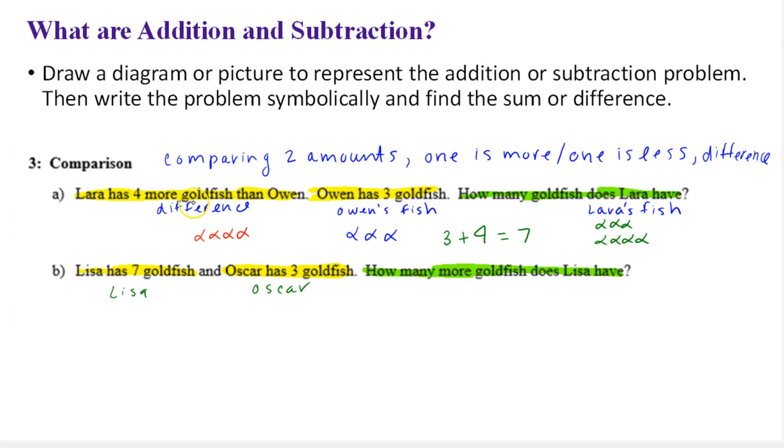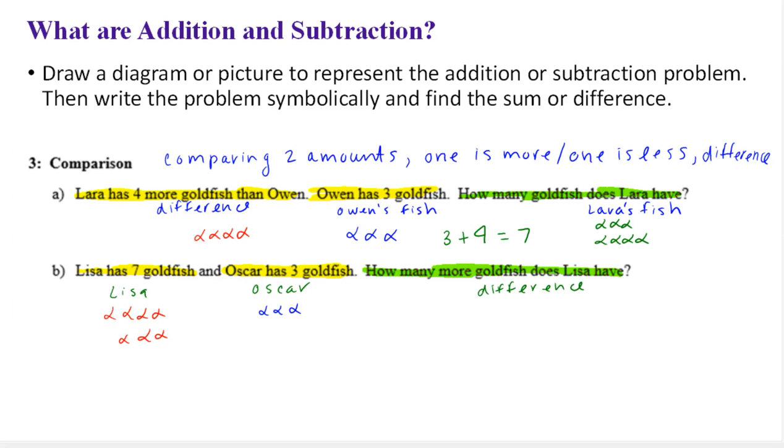Here we were given the difference. So what might this look like? Well, Lisa has 7. 1, 2, 3, 4, 5, 6, 7. Oscar has 3. Let's make those blue.